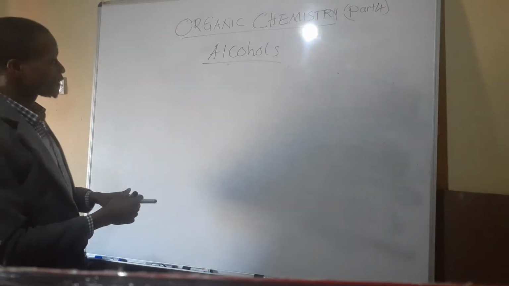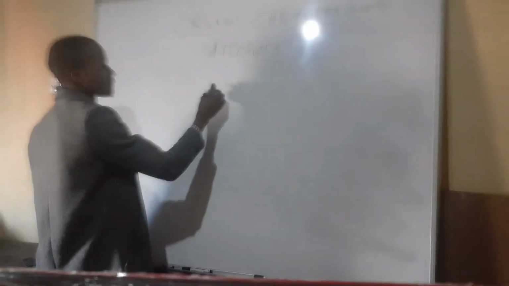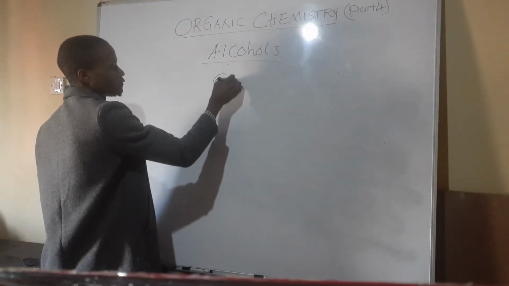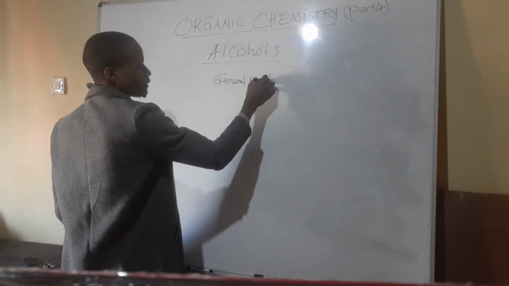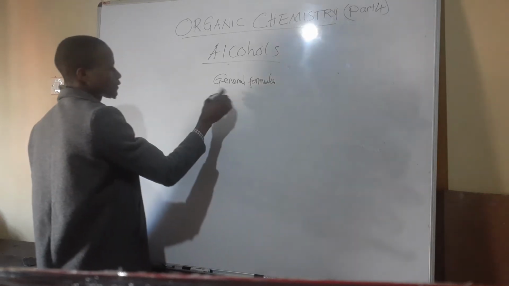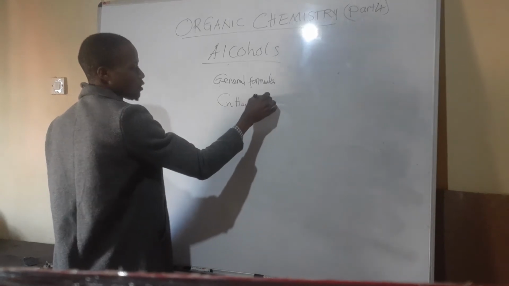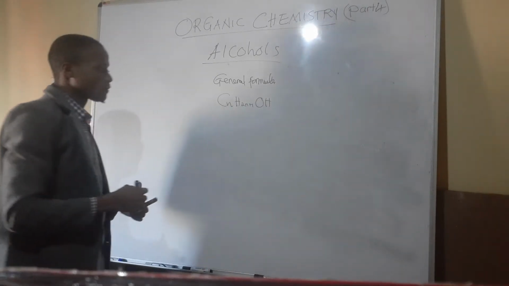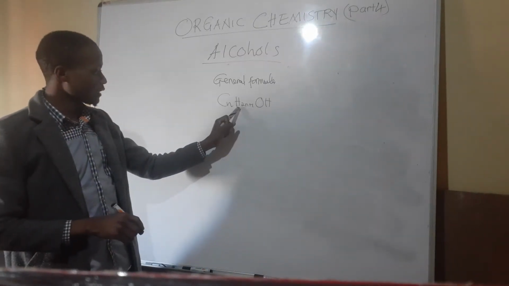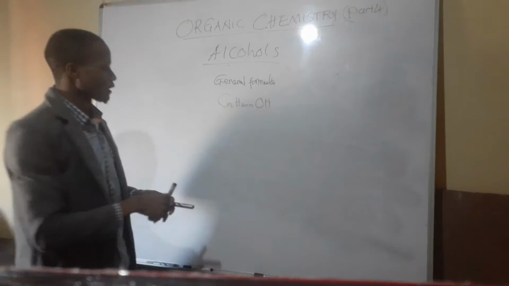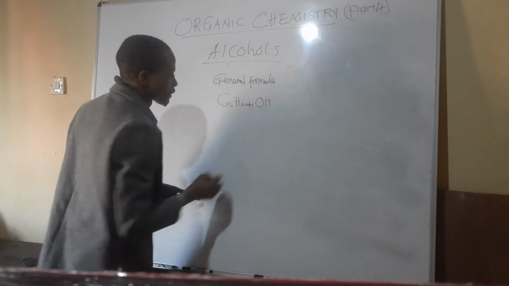Now they have the general formula. Alcohols have the general formula CnH2n+1OH.